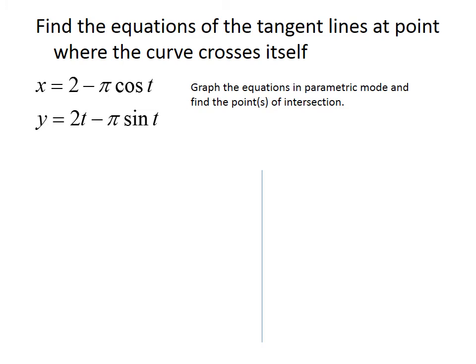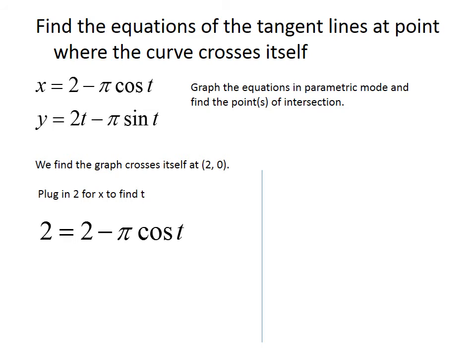Graph the equations in parametric mode and find the points of intersection. So you can use Desmos or your calculator to find when they cross each other. And we see that it crosses at (2, 0), when x is 2 and y is 0. And then we can solve for t by replacing x with 2.